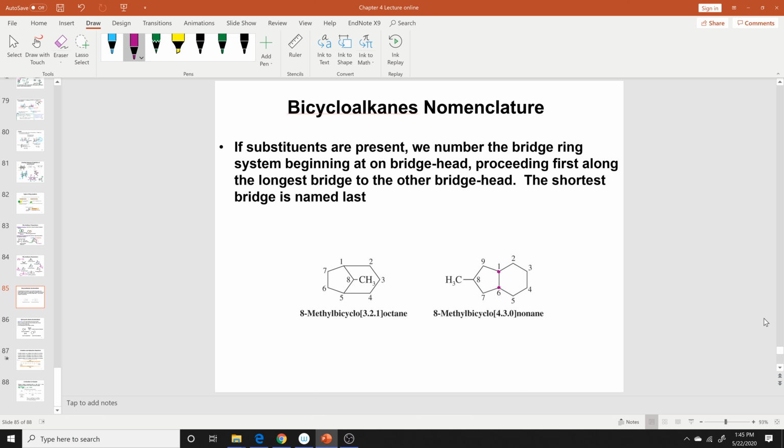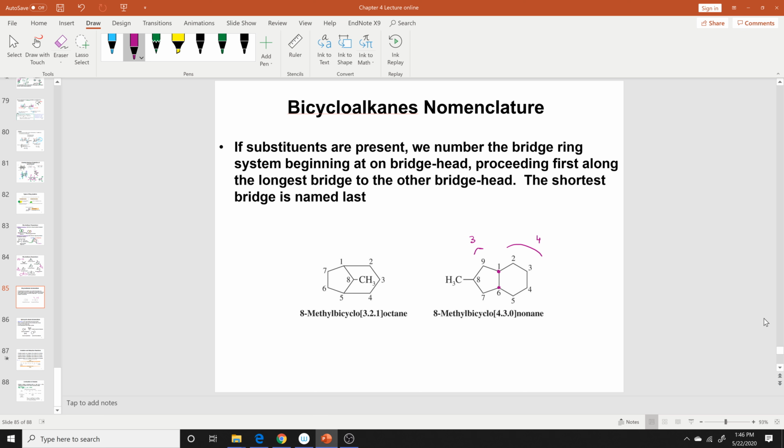So you cannot start numbering from the low carbon cycle side. You have to start numbering from the most carbon cycle side. So this is why I started my carbon 1 here. I have a carbon side here that has 4 carbons. The side here has 3 carbons. So I have to move along the side and give it the lowest number, even if my substituent is on this side.